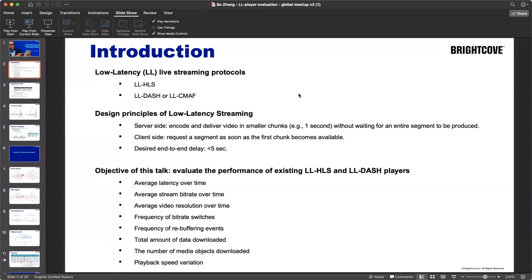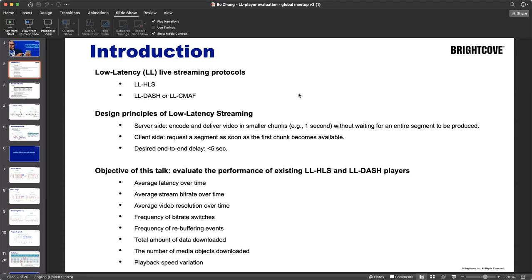On the server side, the encoder and the CDN encode and deliver video in smaller chunks, such as 1 second chunks, without waiting for an entire segment to be generated. On the client side, the client needs to request a segment as soon as the first chunk becomes available. In this way, the desired end-to-end latency can be reduced to less than 5 seconds.